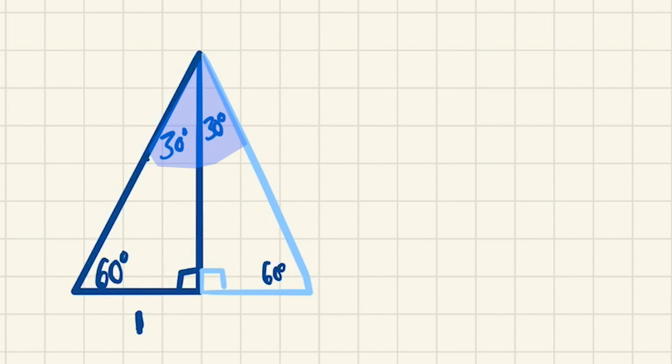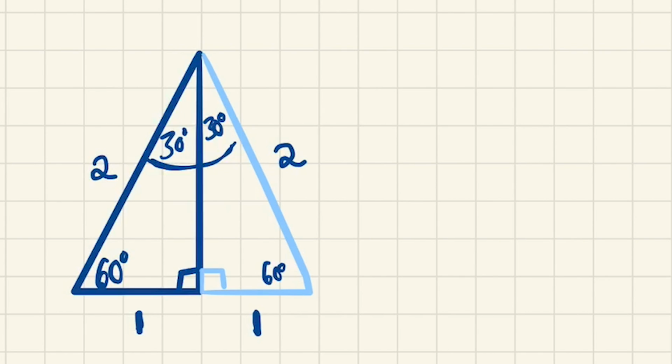But the 30 plus the 30 makes 60, so we have a 60, 60, 60 triangle, which is equilateral, which means we know all three side lengths are congruent. Well, this particular side length right here is 1. So that means this part is 1, so the entire side length is 2. And that means this is 2 and this is 2.